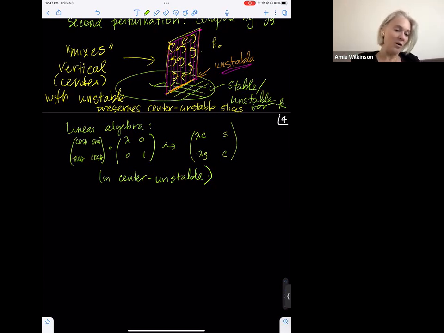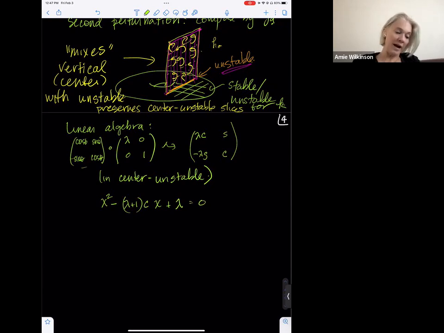Now the characteristic polynomial is x squared minus (lambda plus 1) cosine times x plus lambda, and the derivative remains lambda, because the derivative of the thing on the left is 1. The derivative is lambda equals 0.